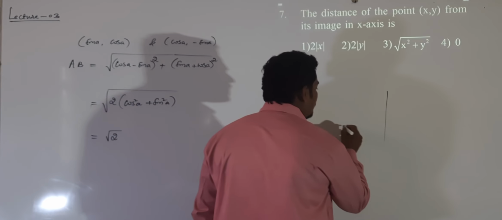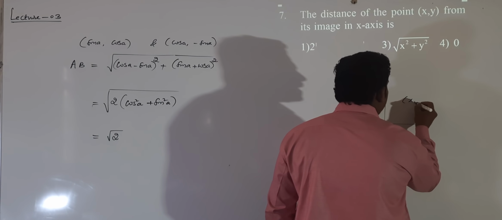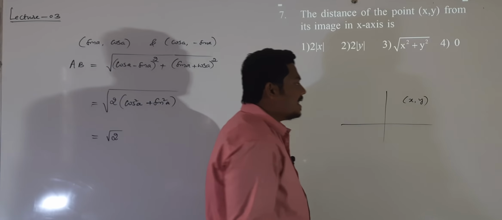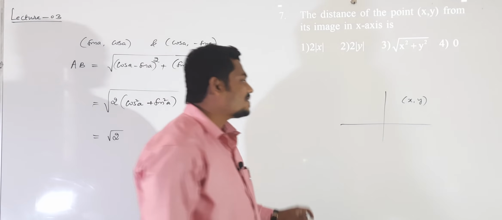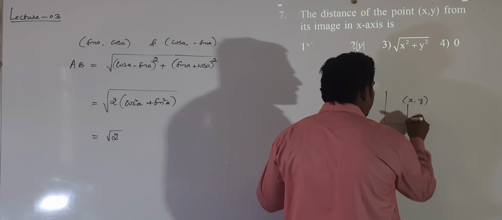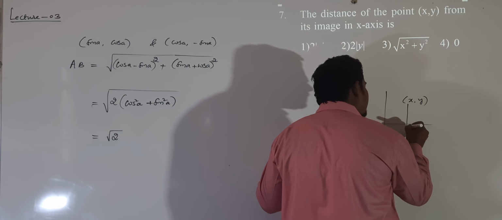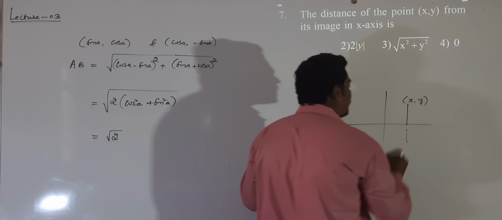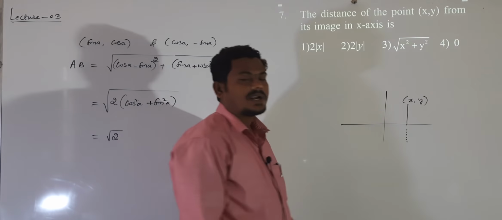Image with respect to x axis of x comma y. With respect to x axis, its image is in 4th quadrant. Why? Because the point is in 1st quadrant.